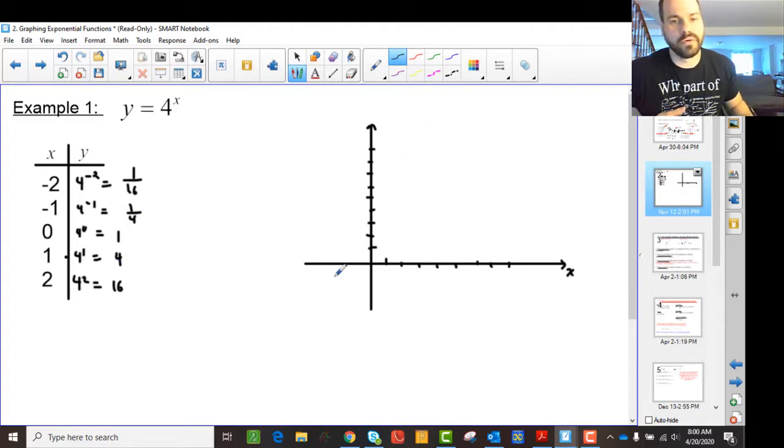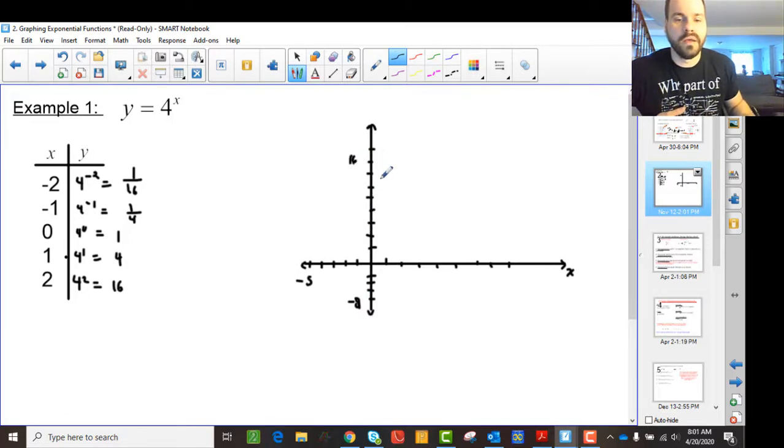So to put a scale on your y-axis is sometimes a little bit difficult, because the numbers are so widespread. So what we'll do is we'll go up by 2's, let's say. So this is going to be minus 8 down here, and then 2, 4, 6, 8, 10, 12, 14, 16.